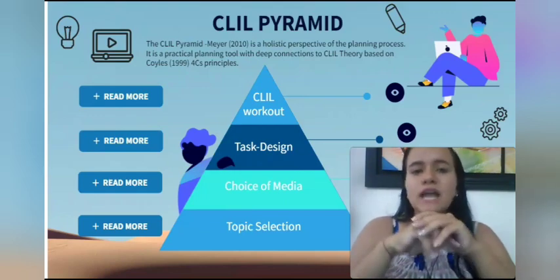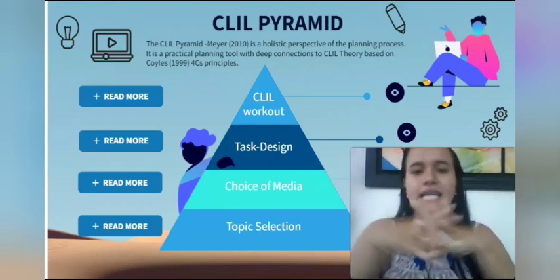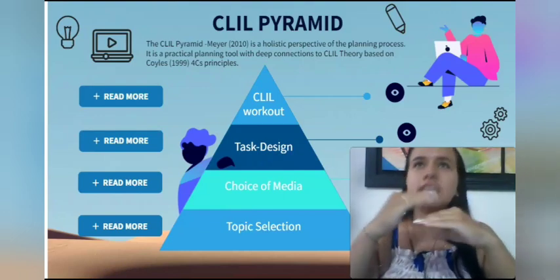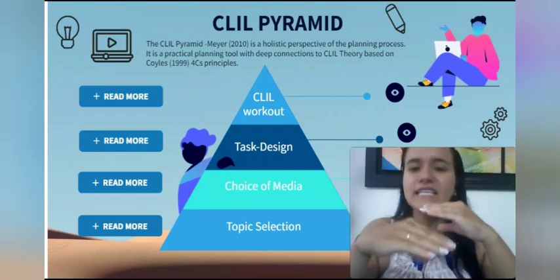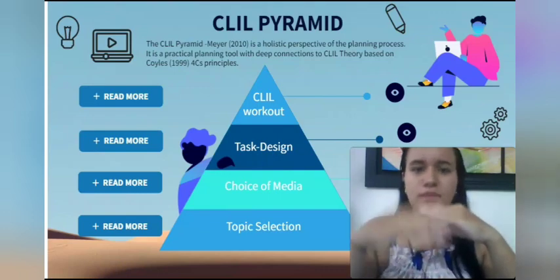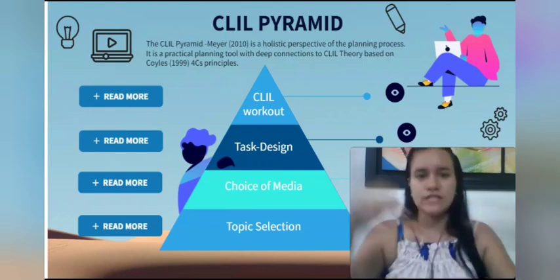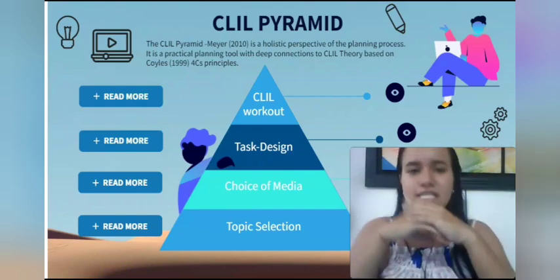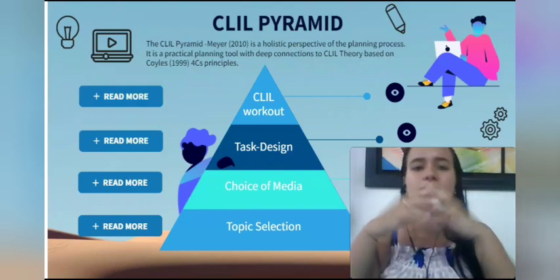These pyramids have 4 stages, and all the stages have the steps that we need to identify to develop a good, optimal process with our students, or when we are planning our material. In the first stage, we have topic selection.